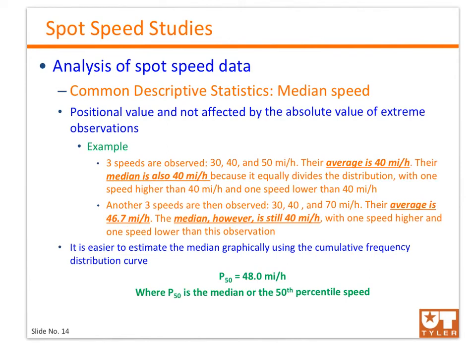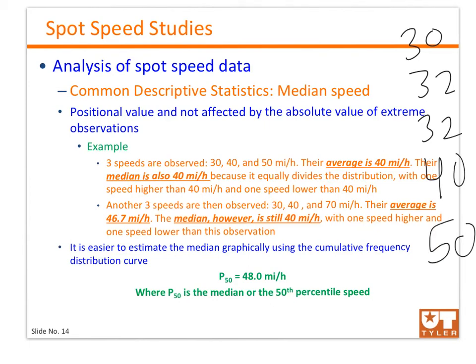You can get the median in two ways. One, by arranging all the observed speeds, including repetitions. For example, let's say I've got 30, I've got 32, I've got another 32, I've got 40, and I've got 50.